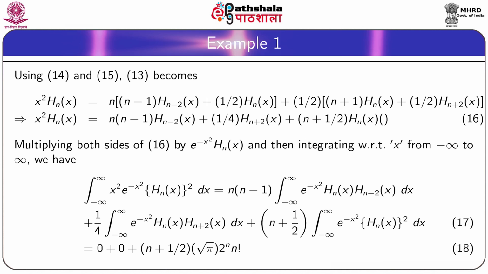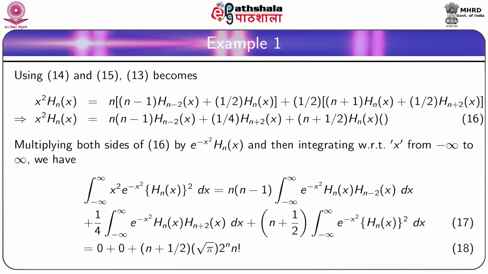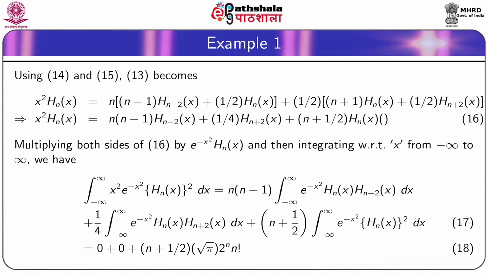We next use the orthogonal property. So, please note the first term of 17, here it is n and it is n minus 2. So, this is not equal to this, and hence this whole expression will be equal to 0.